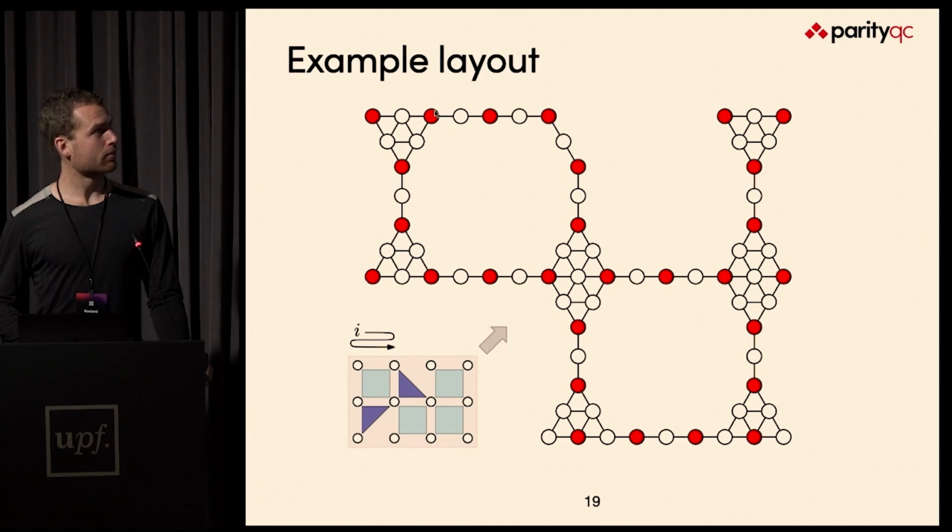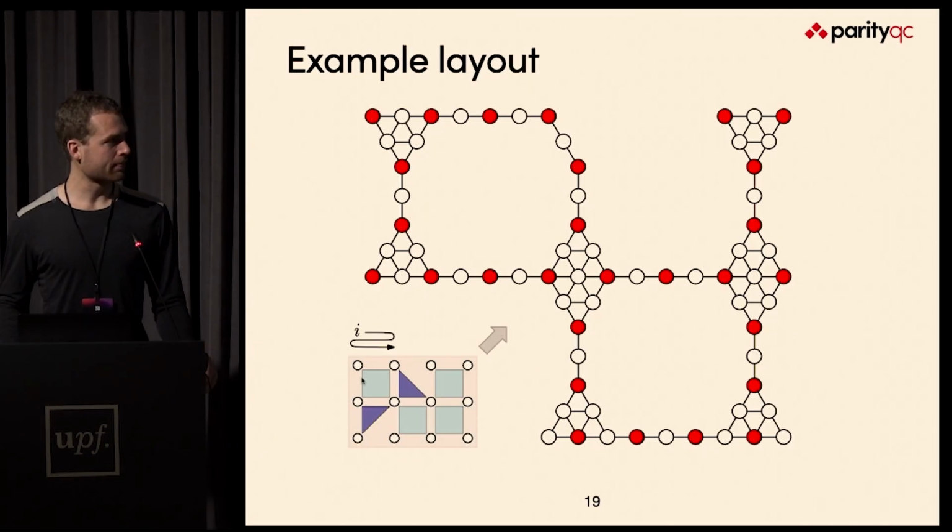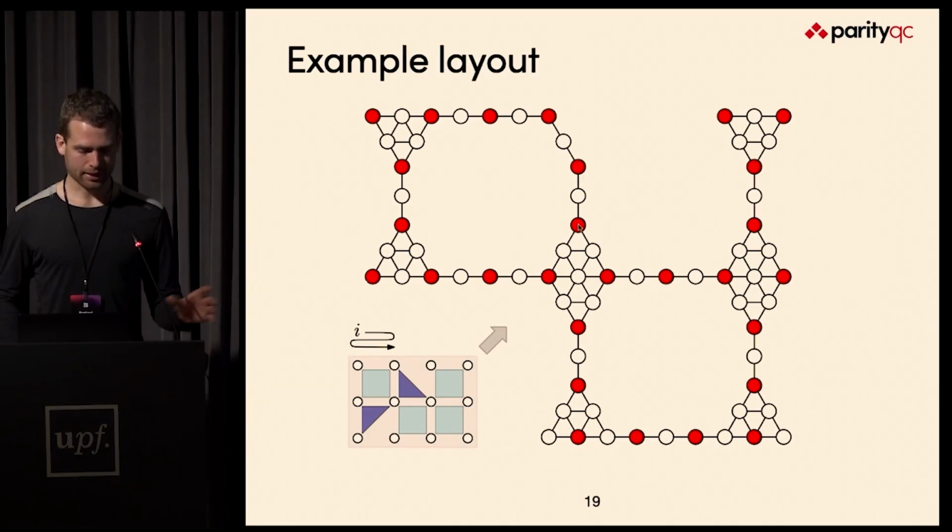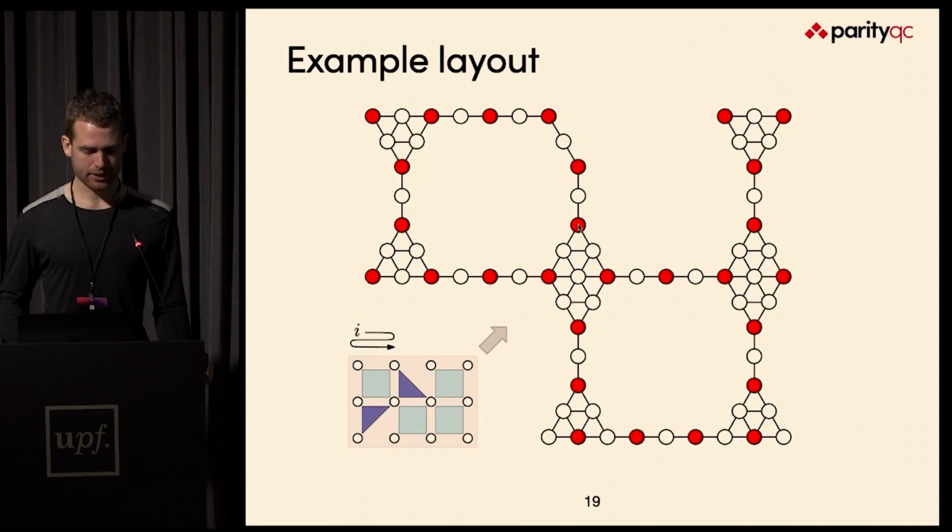For example, here the 4 outer qubits of this square are red, which means that these would then be in the up state in the corresponding parity picture. And so you can see that in these links, every second atom is always in the independent set, because then it carries over: this qubit is always in the same state as this qubit, so you can use that to link up the different parts of the layout.